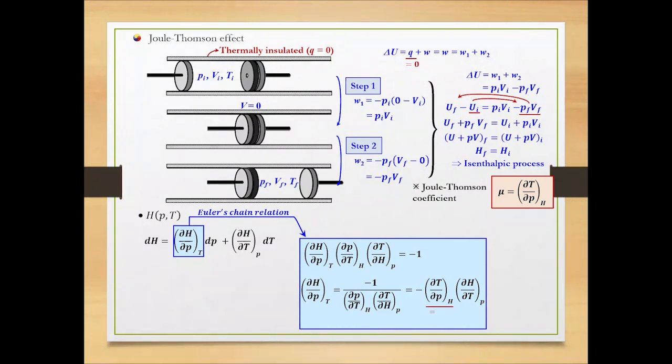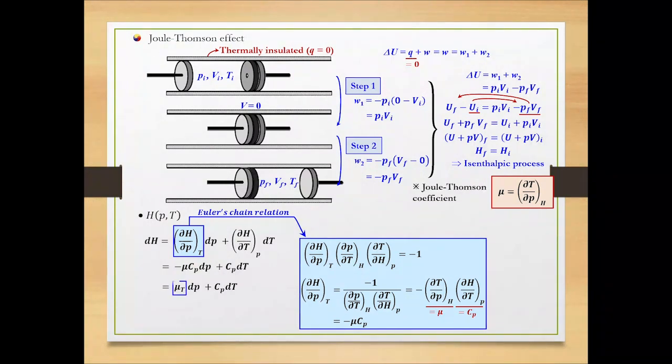The first one is the Joule-Thomson coefficient, which is denoted by mu, and the second one is the heat capacity at constant P, or Cp. So, the first partial derivative of H with respect to P at constant T is equal to negative mu times Cp. Plug this into the total differential of enthalpy, which will lead to negative mu Cp dP plus Cp dT.